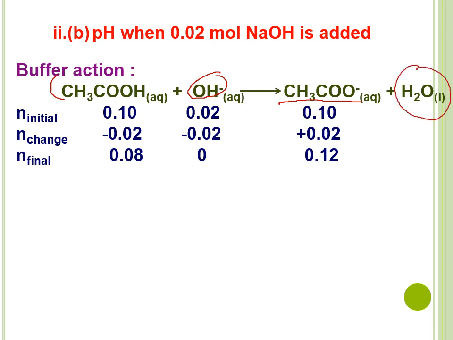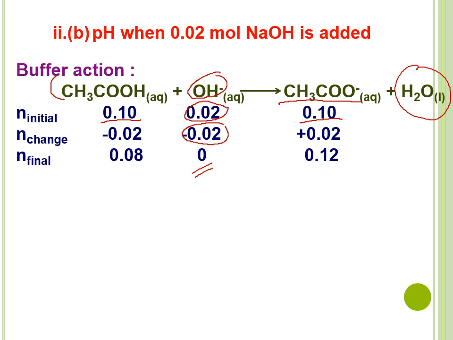So how much is given here? 0.02. What is the original number of moles for acid? It is 0.1, and for acetate ion is 0.1. So we're going to use all 0.02. At the end it is going to be 0 for the OH minus.